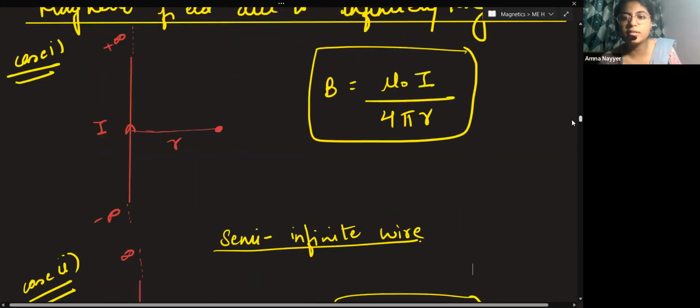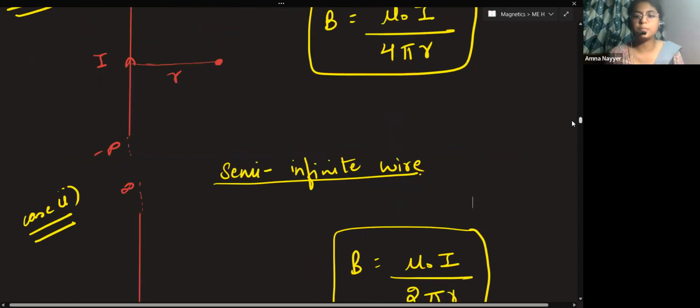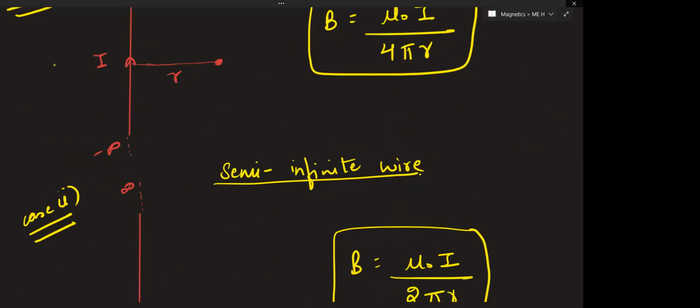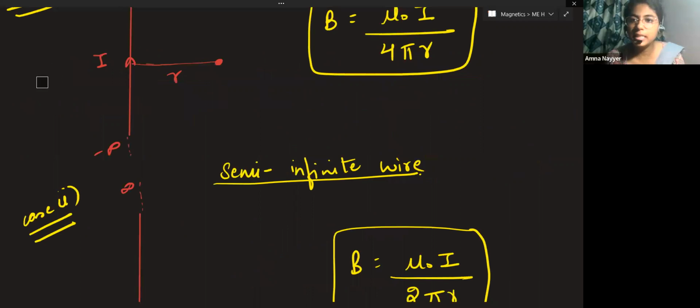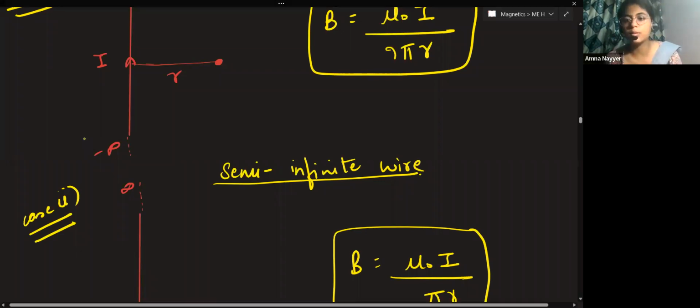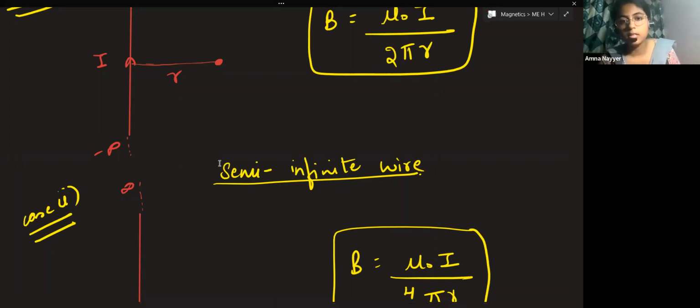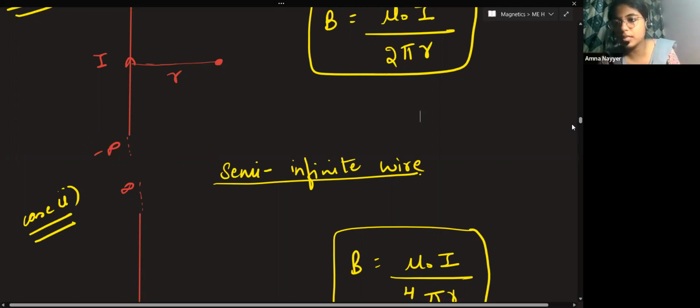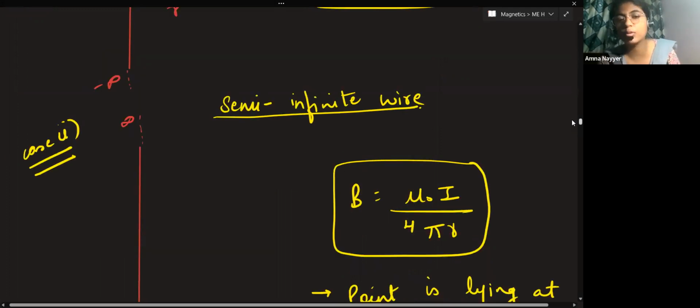Okay, yes, I have swapped it. This one is true. Especially this finite one, this will go along. By mistake, I had written 2 over there and 4 over here.